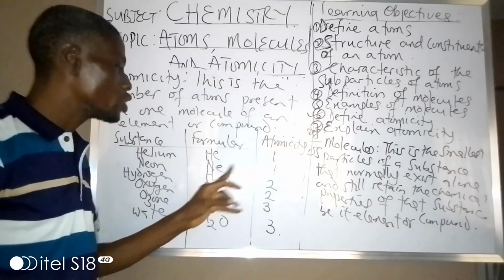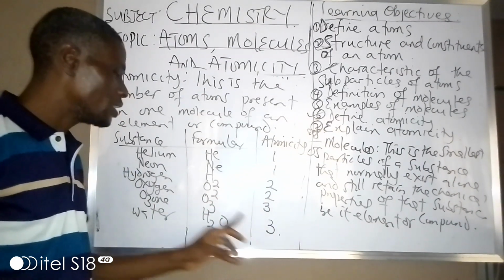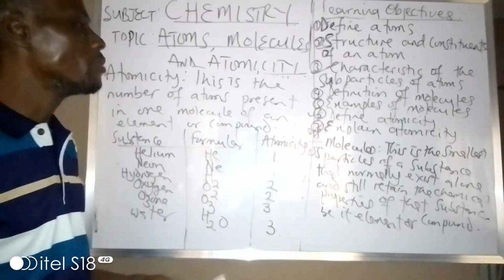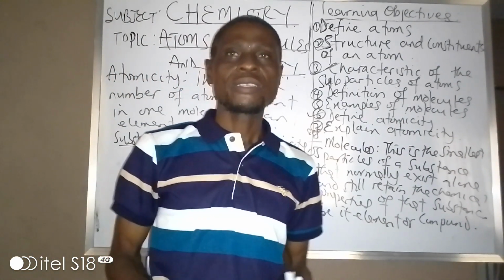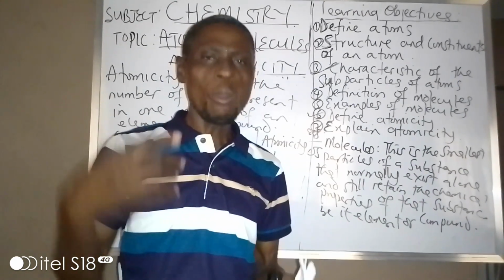This one is 1, this one is 1, hydrogen is 2, oxygen is 2, ozone is 3, and water is also 3. 2 plus 1 is 3. So we see that for most of these elements, their atoms and their atomicity likewise apply to molecules.